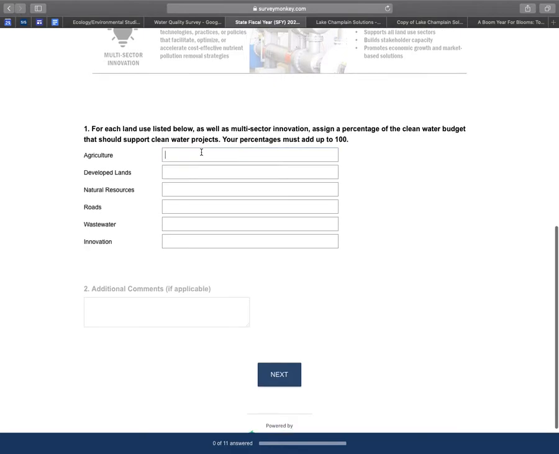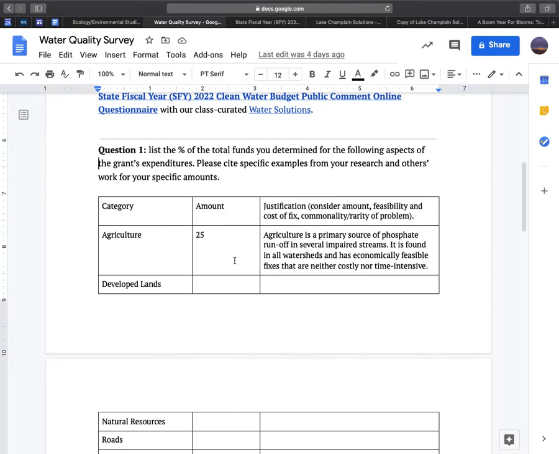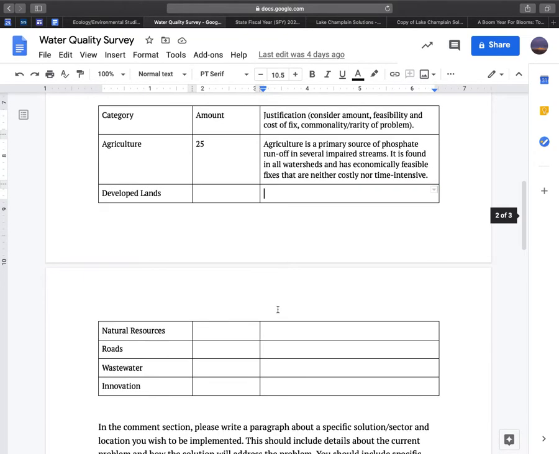Now down below here, you're going to type in numbers that add up to 100 in terms of how you think the Agency of Natural Resources should spend the $30 million grants. There's no right or wrong answer. However, I do want you on your water quality survey document to put in a justification for each amount.